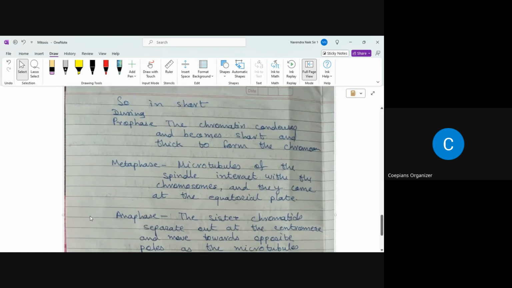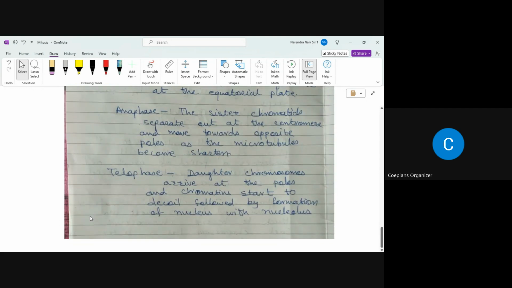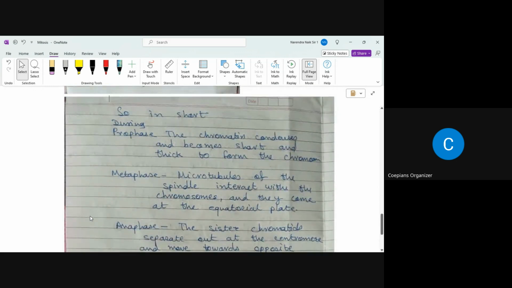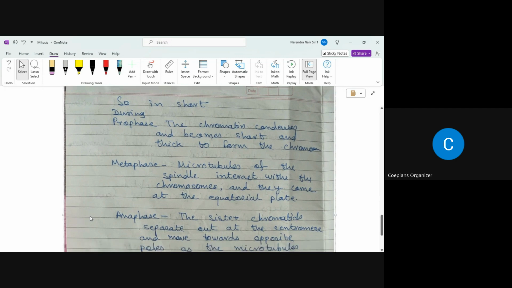So in short, about karyokinesis: during prophase, the chromatin condenses and becomes short and thick to form chromosomes. Metaphase: microtubules of the spindle interact with the chromosomes and they come to the equatorial plate.